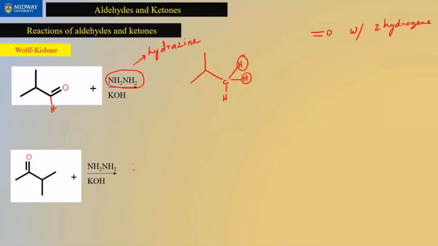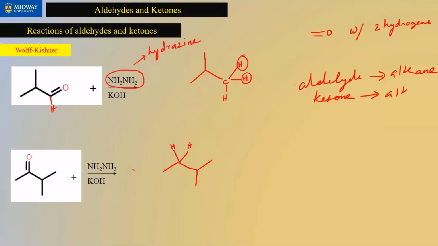So same thing here, replace the double bond O with 2 hydrogens. Basically you're going from an aldehyde to an alkane, and a ketone to an alkane. Same thing. This is Wolff-Kishner, which is indicated by the hydrazine.